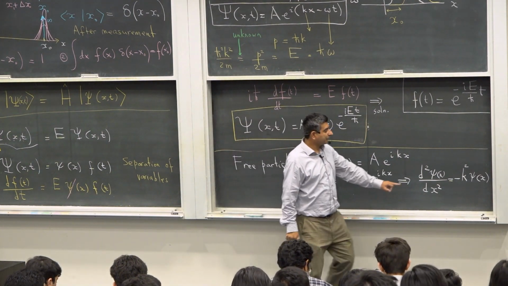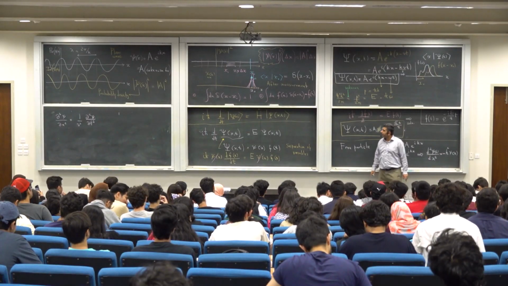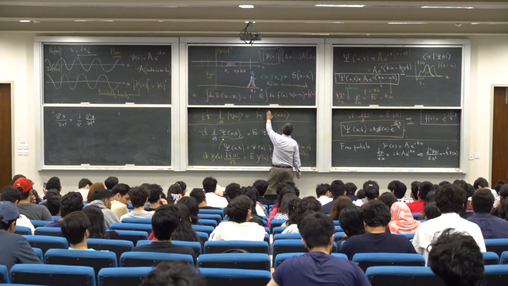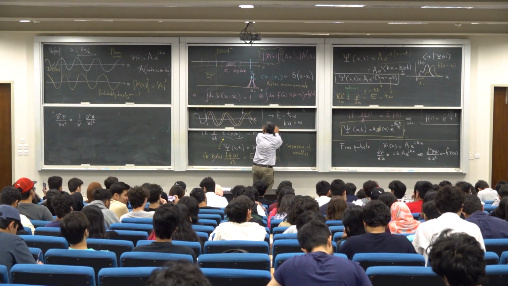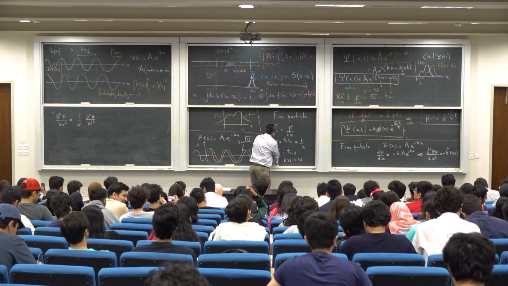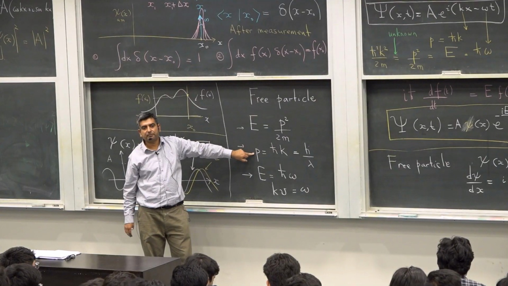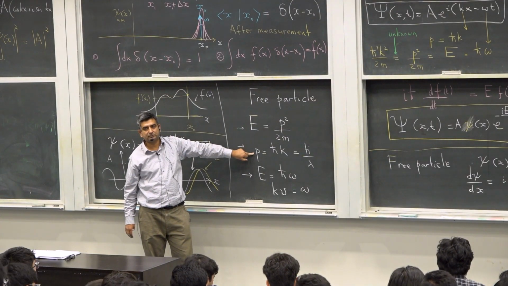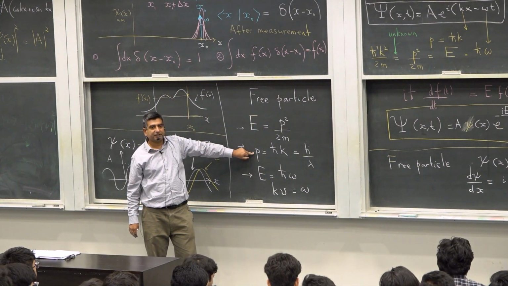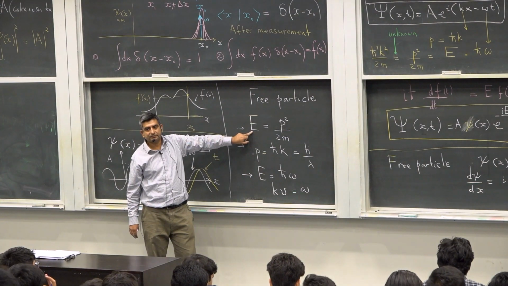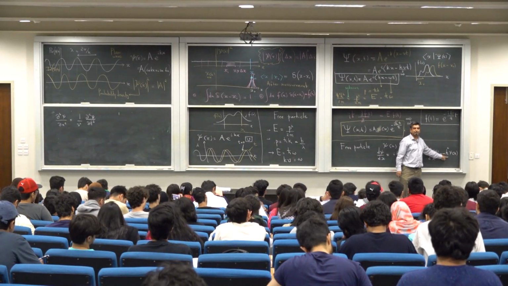Now, is this k square related to something? Yes. It's related to p. And is that p related to something? Energy. So let's write this k square in terms of energy.